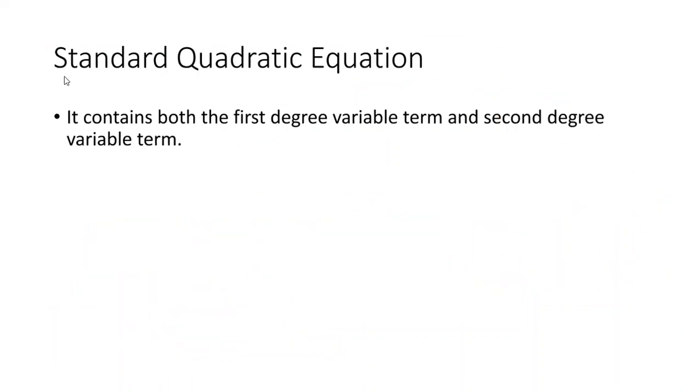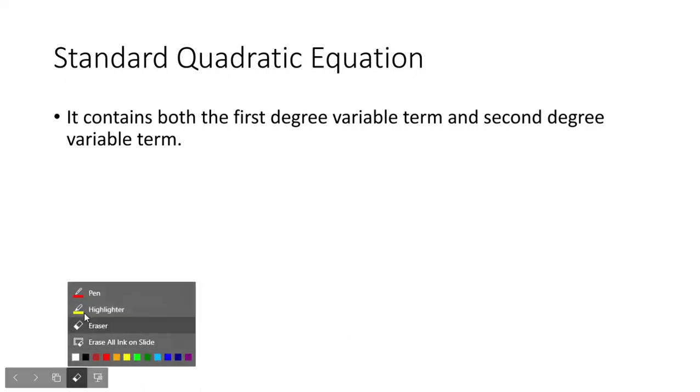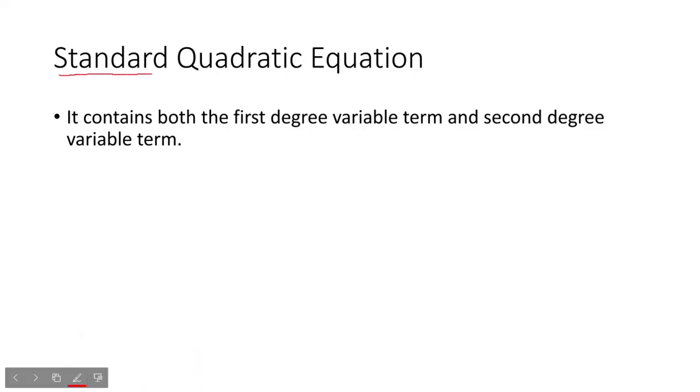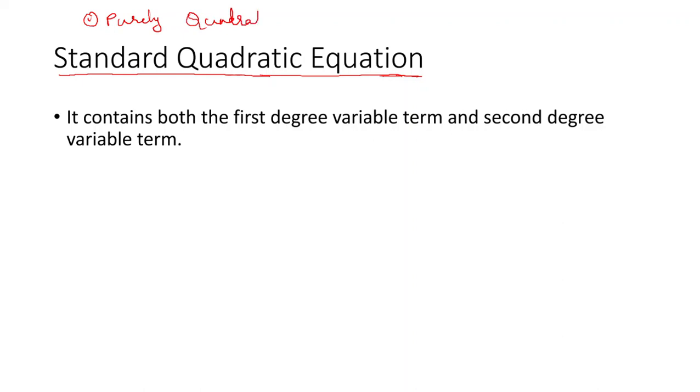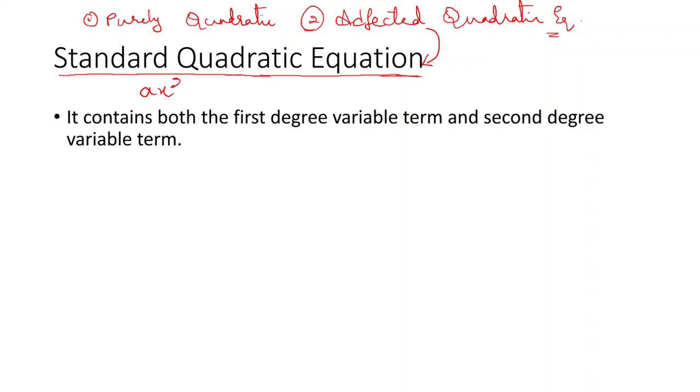Standard quadratic equation. We have just seen in the earlier slide two types of quadratic equations: the first one, purely quadratic equation, and the second one, adfected quadratic equation. This adfected quadratic equation is called the standard quadratic equation. The standard form is ax squared plus bx plus c is equal to 0.